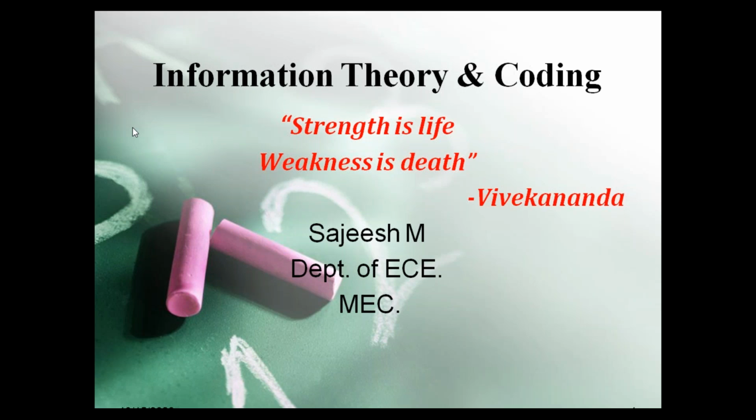That we have discussed in the last class, and we have done a problem, where a generator matrix is given for generating a (6, 3) block code. Okay, I think we can continue.